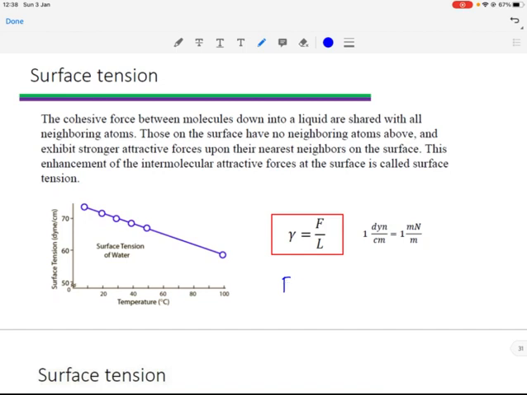Because we talk about adhesive force and cohesive force, you might be confused later how different they are.